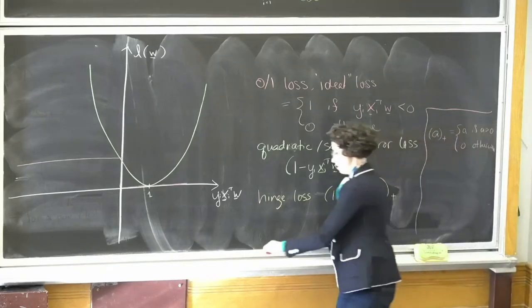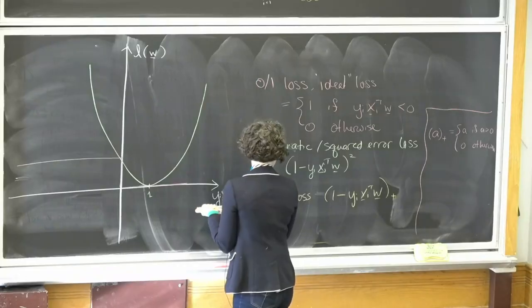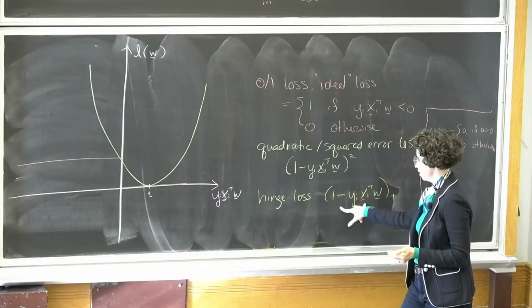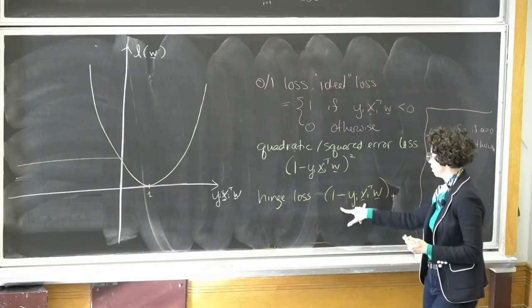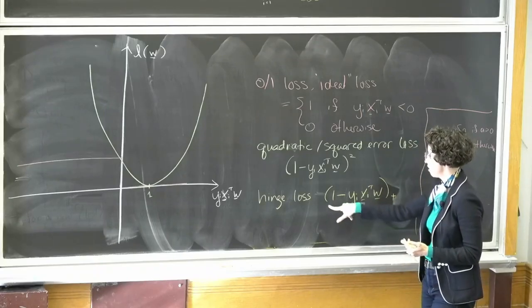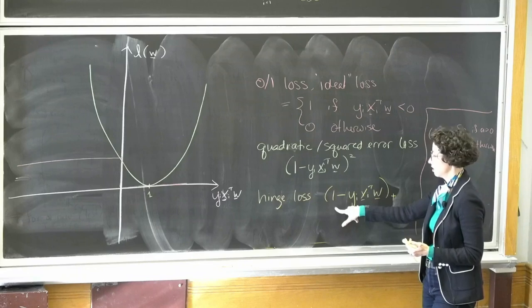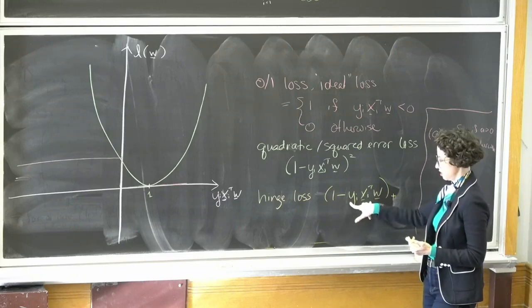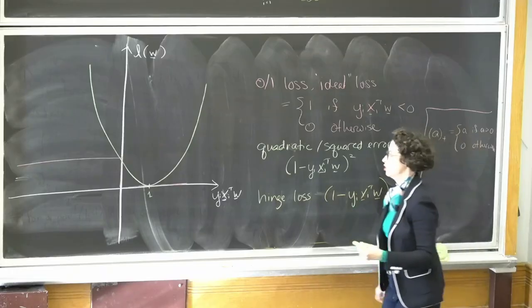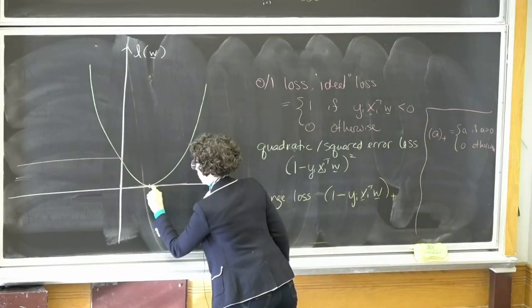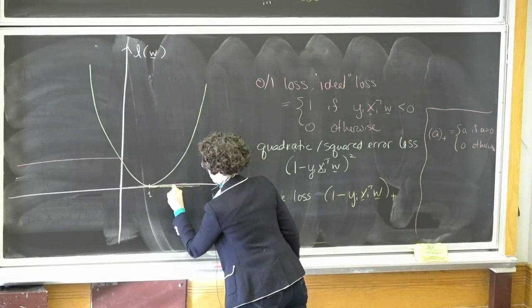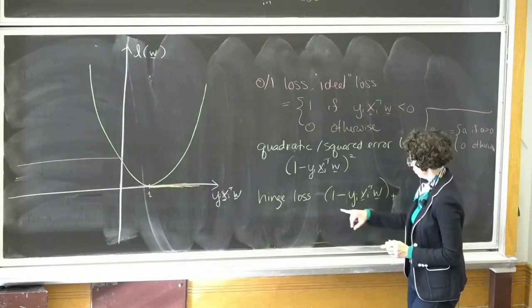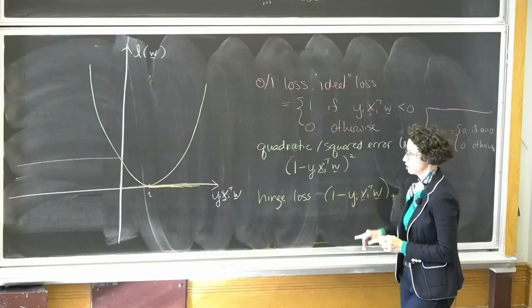So if we plot that over here, then this quantity inside the parentheses is going to be clipped to 0 whenever the thing in parentheses is negative, or whenever this product of interest is greater than 1. So in our plot, whenever we're greater than 1, we're mapping to 0 here. And then on the other side of 1, we're just increasing linearly with this product.